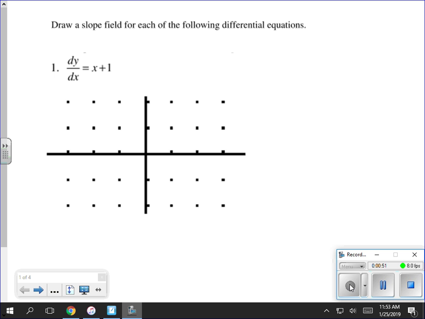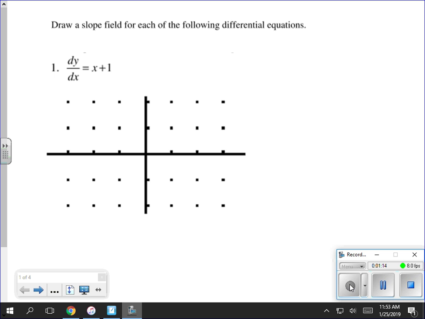First one, draw the slope field. So what you're going to do is, remember the slope field is a little dash whose slope is equal to the differential equation at that point.